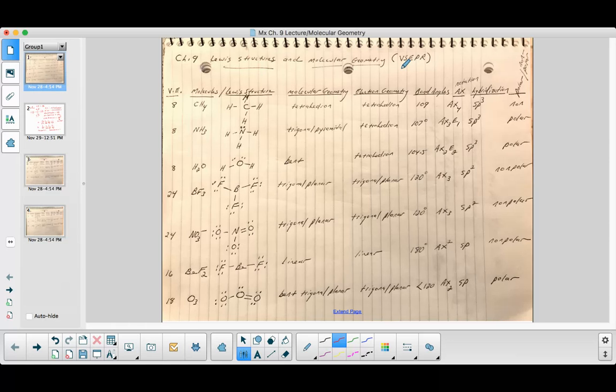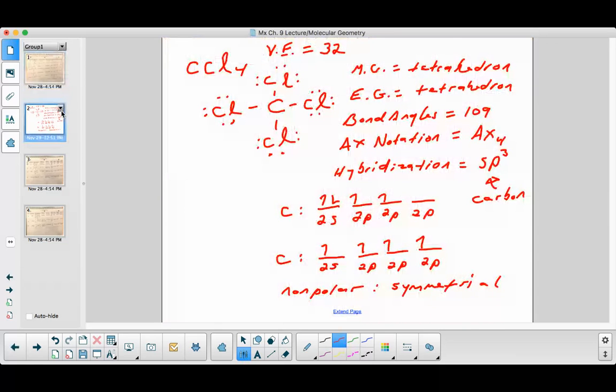And I posted a copy of these charts that I created in the Blackboard content folder. So you may want to print those out or just have a tab open for them when you're taking the exam. Okay, so I'm going to give you a quick intro, then I'll come back to this chart.